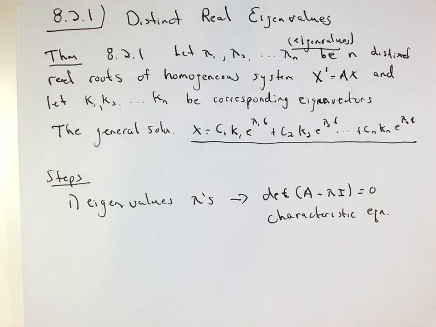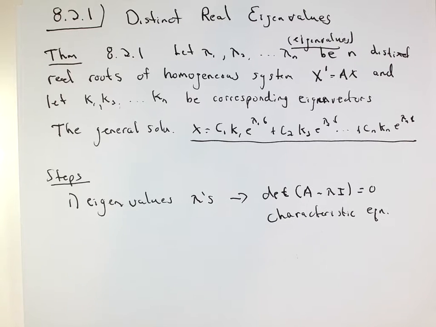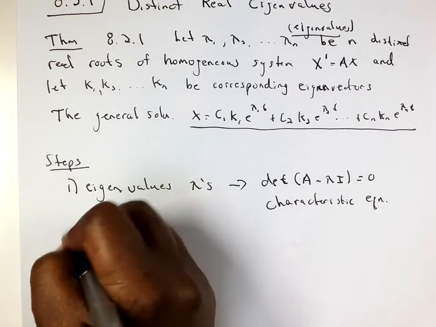Once we have that characteristic equation, we factor it or do whatever we need to do so that we can find exactly what those eigenvalues are. So that's the first step.